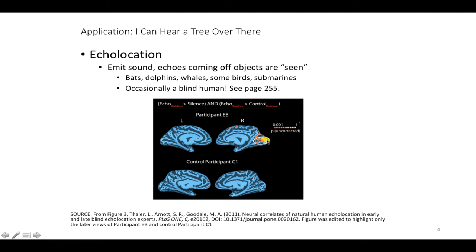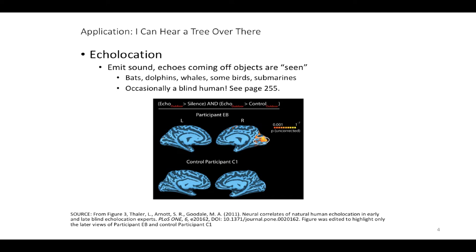And if you see here on this brain image, we have here the back of the brain. That's the visual cortex. And what we're seeing is that when EB echolocates, when he clicks and then perceives those sounds and uses it to detect the location of an object, he's using his visual cortex to do this.